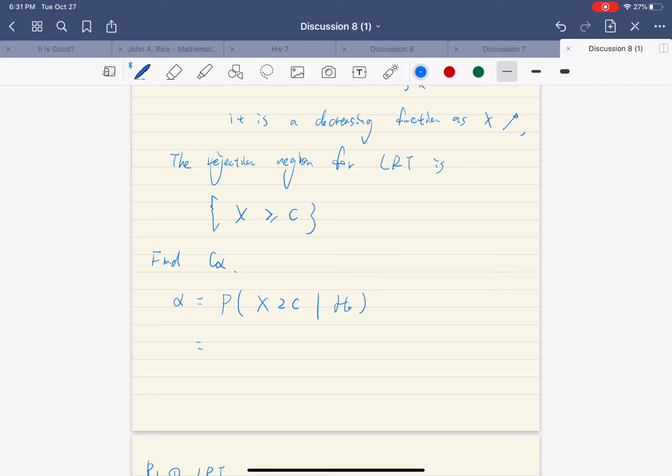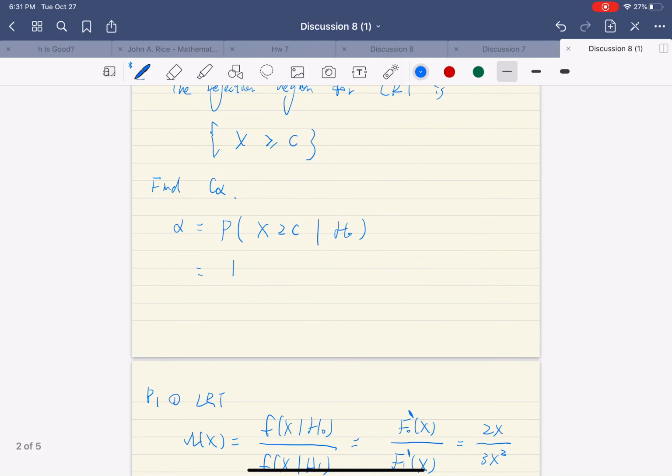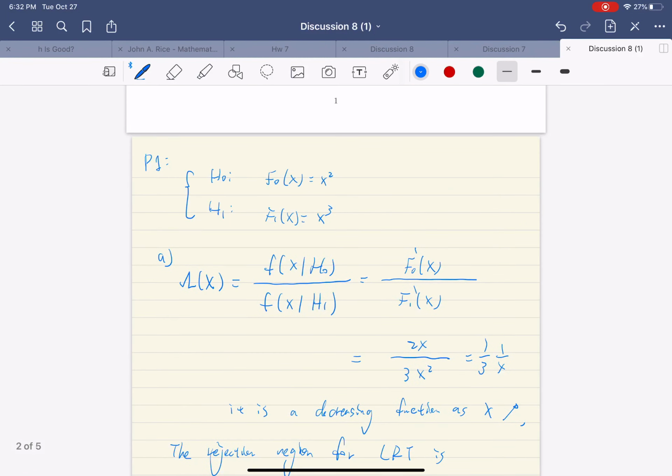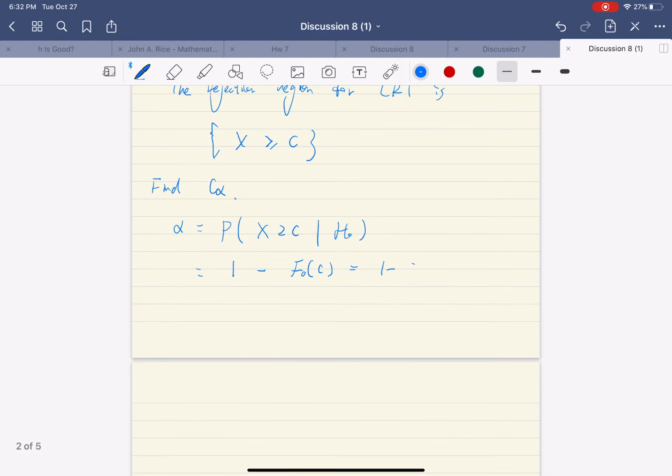So we know this one is equal to 1 minus F0 of c, which is 1 minus, under the null hypothesis, the CDF is x squared, so it's 1 minus c squared. And we can solve the equation. We get c squared is equal to 1 minus alpha, so c is equal to the square root of 1 minus alpha.